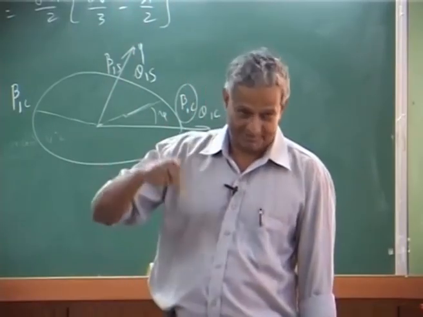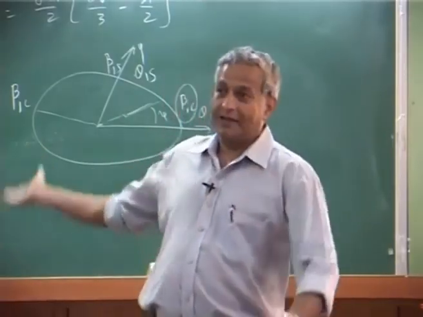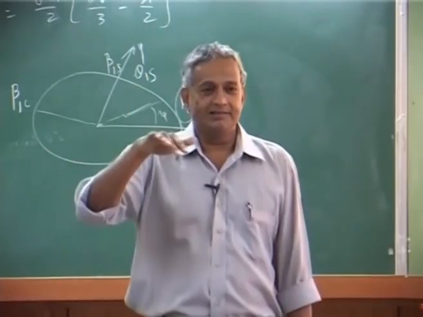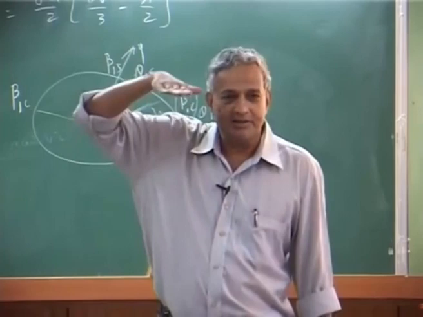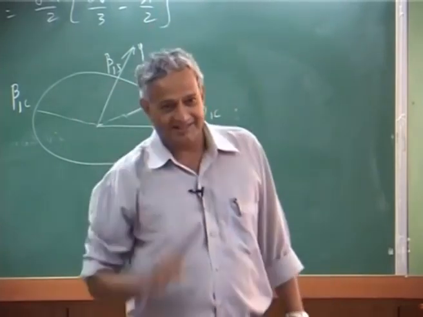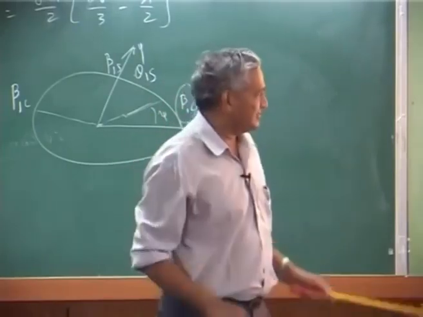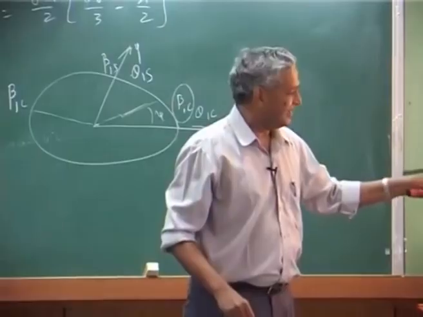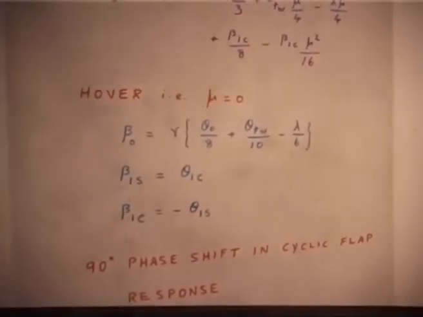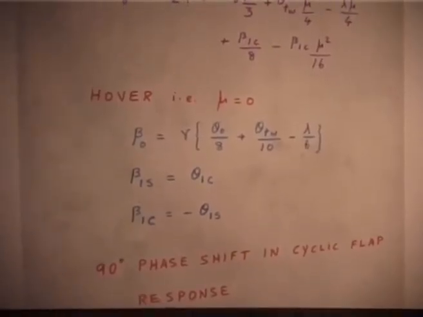Because of the pitch cyclic variation, the blade flaps, and the net result is the rotor disc tilts forward. So, he gets a thrust in that direction. Now, you can take these two terms on the left side and then combine them and try to give a geometrical interpretation.